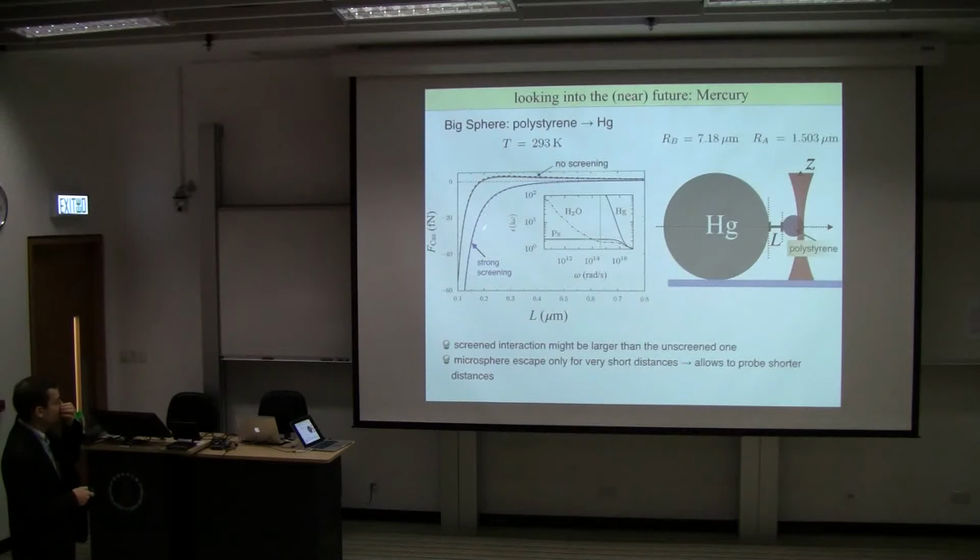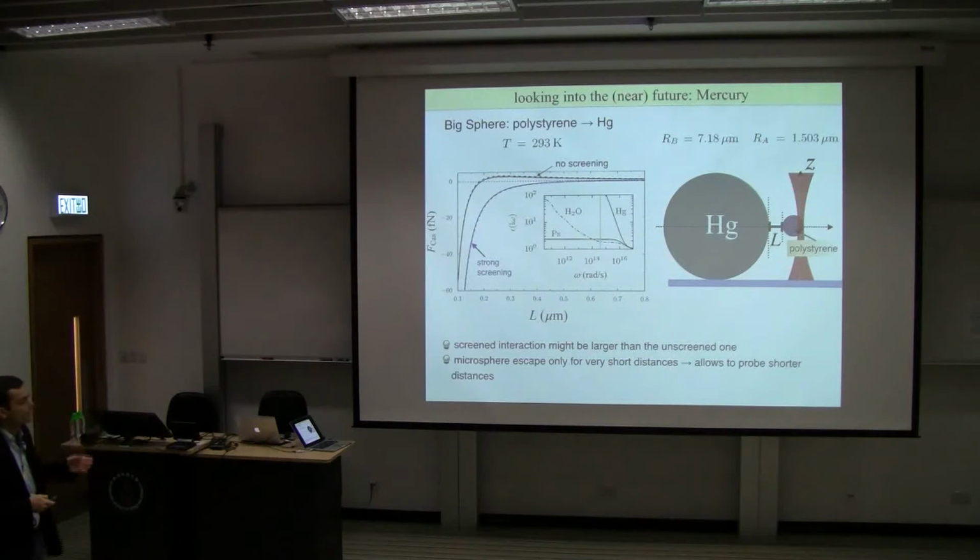These are some theoretical results that I'm not going to discuss now because I have very little time. This is kind of difficult, and I'm not going to discuss the problems that we have with this kind of setup. But maybe we could use another liquid metal instead of mercury.